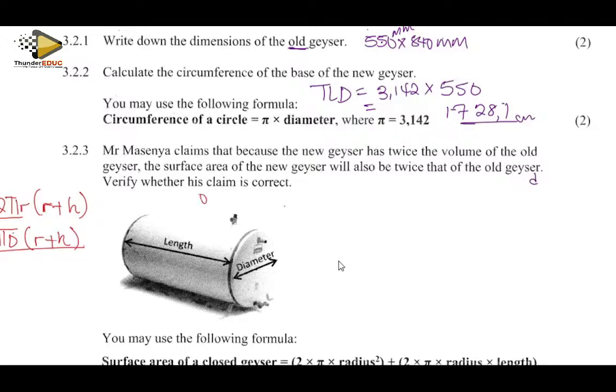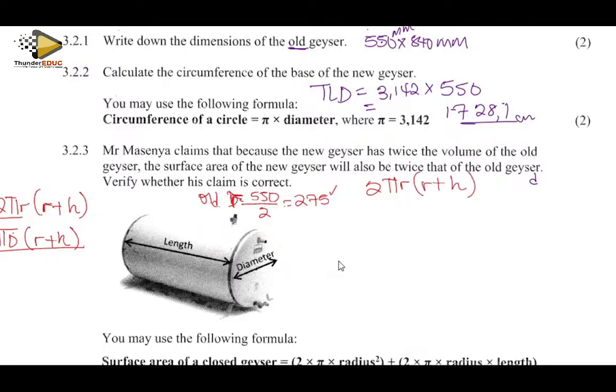Anyway, the old geyser has a diameter of 550. Divide this by 2. Why am I dividing? I'm looking for the radius, which is 275. This is my radius. Then I substitute into the formula, 2 pi into r plus h.